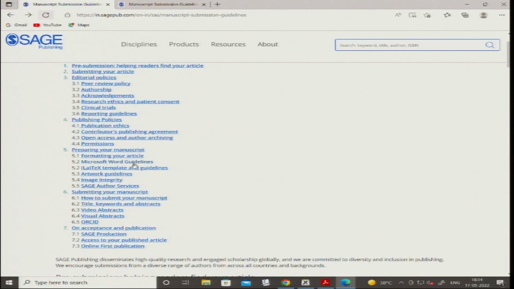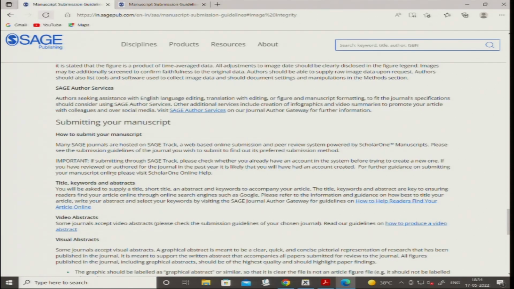And then after that, art guidelines and image integrity. We have discussed earlier also that most fabrication cases of unethical publication practice are found in terms of image integrity, right? We tamper with the image, we falsify the data through the image, we fabricate data through the image.